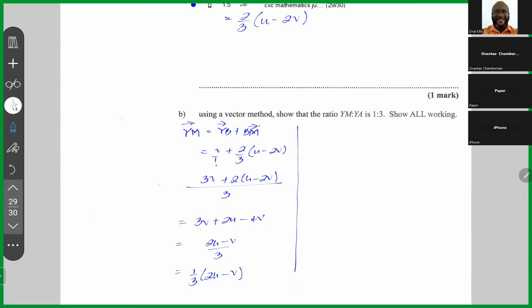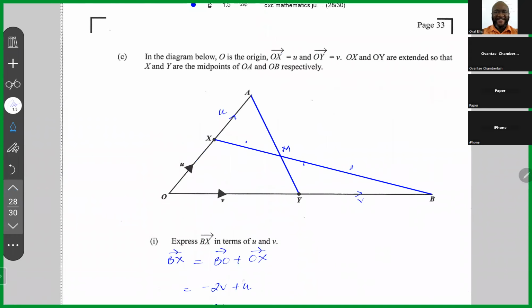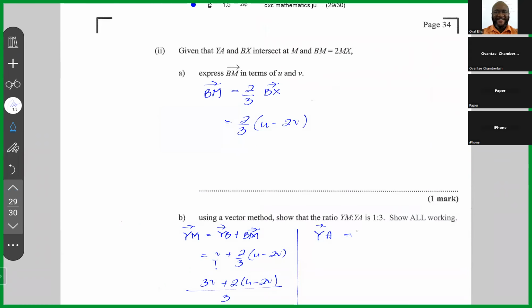The next thing we need to find is YA. YA would be YO plus OA. This is minus V plus 2U.